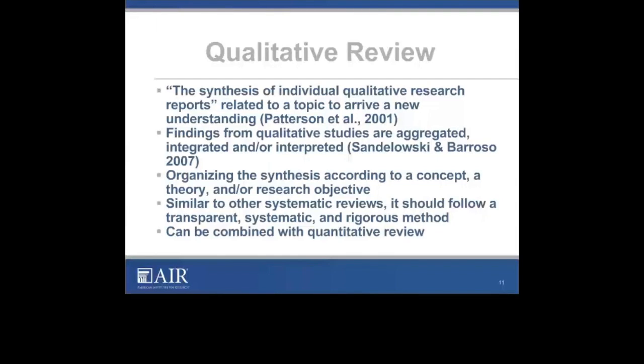So not all research is quantitative in nature. There is an increasing amount of qualitative research even in the healthcare field. Some examples of qualitative research could include studies that are phenomenology, ethnography, case studies, grounded theory.